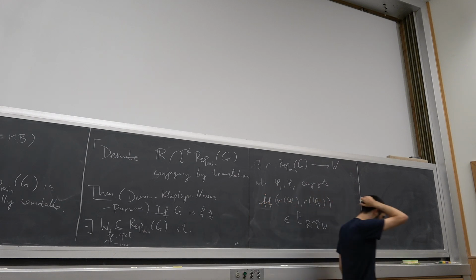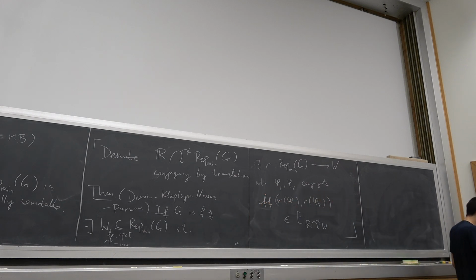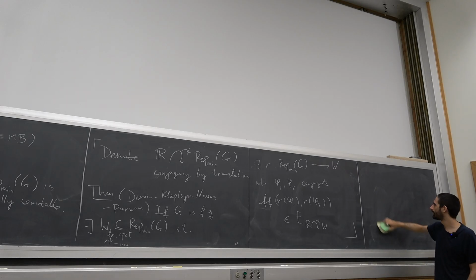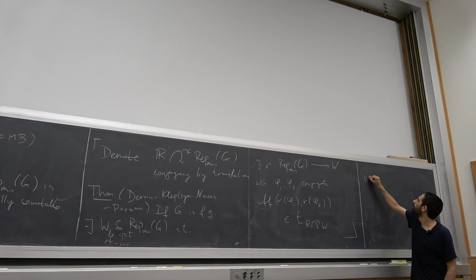I think we have proof of that. And it raises the question of characterizing, making explicit these spaces for your favorite finitely generated group. That can be done, but it's hard in general. Okay, so.